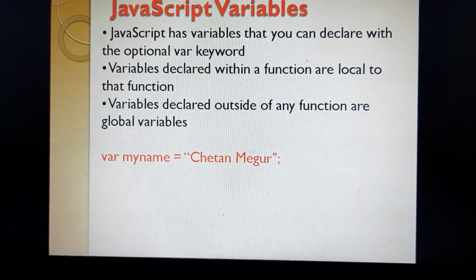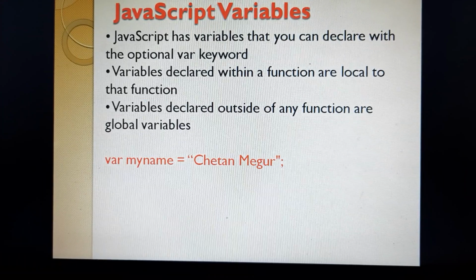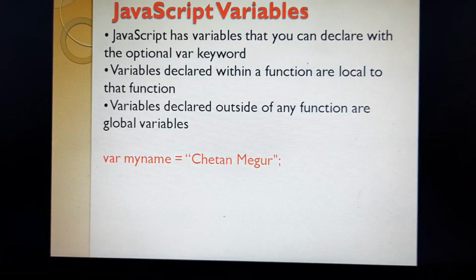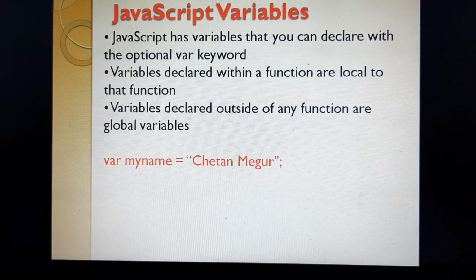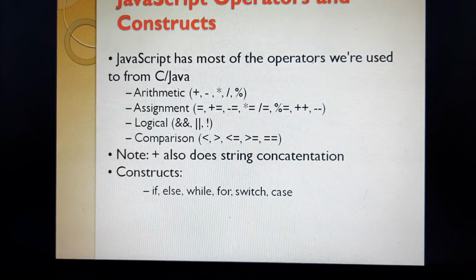Now this Chetan Megur is a string and this string is assigned to myName.